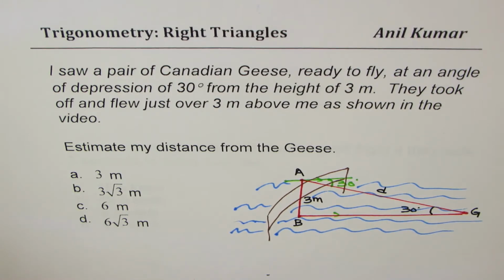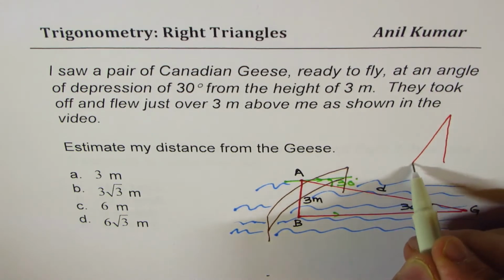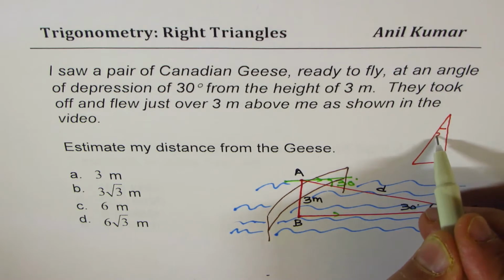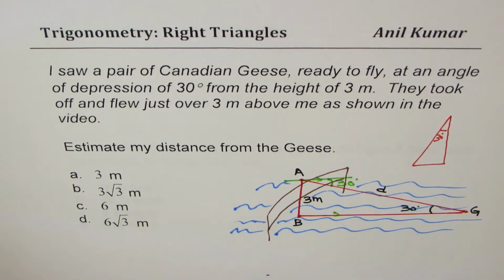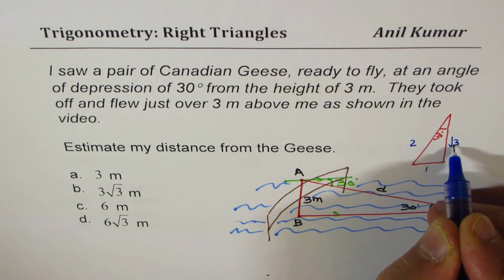So we have 4 options. Now you can always use a calculator, but this section you can do even without a calculator. If you consider a special triangle, 30, 60, 90, it just gives you the direct answer. So if that is 30 degrees, then you know that the sides are 1, 2 and square root 3.